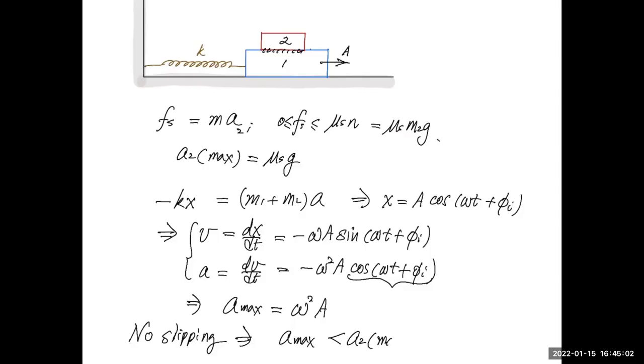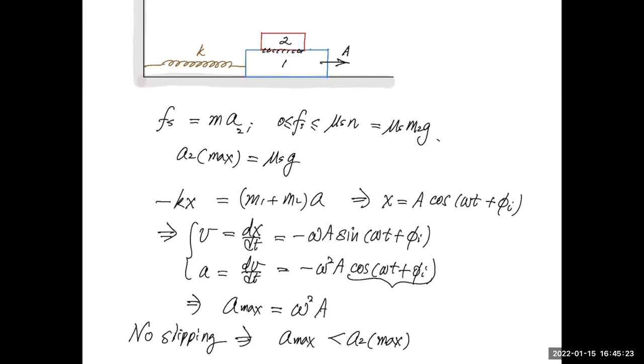Whatever happens to the rest of the system, object 2 is only powered by static friction. So no matter what happens, it can only come up with as much as μs times g, that is the maximum acceleration A2.